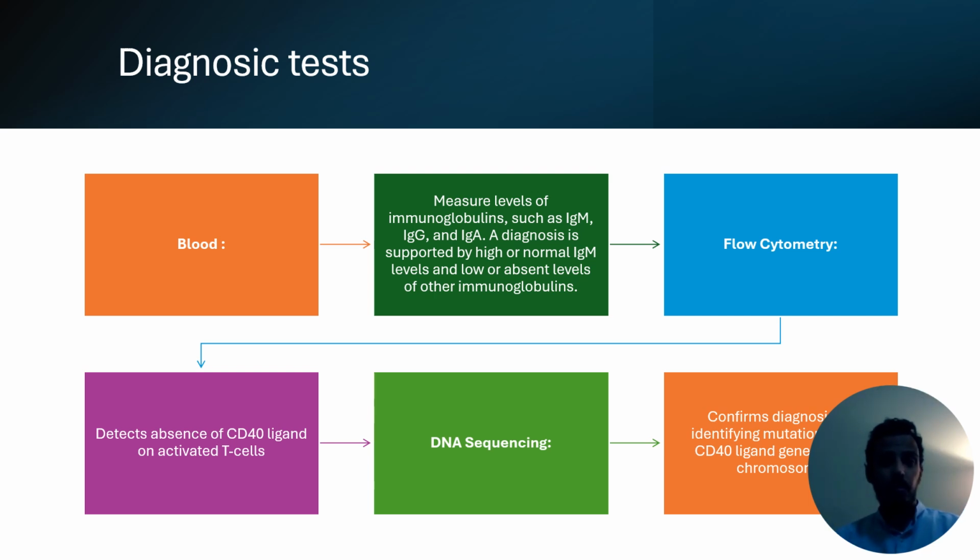Finally, DNA sequencing confirms the diagnosis by identifying mutations in the CD40 ligand gene located on the X chromosome. This genetic analysis provides definitive evidence of the underlying condition. Together, this diagnostic approach helps clarify the patient's immune deficiency and guide the appropriate management.